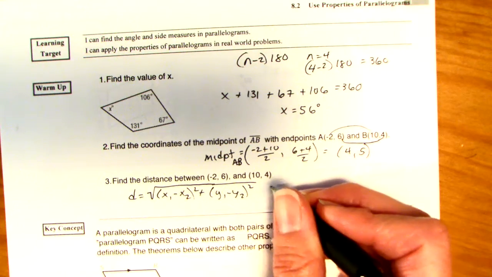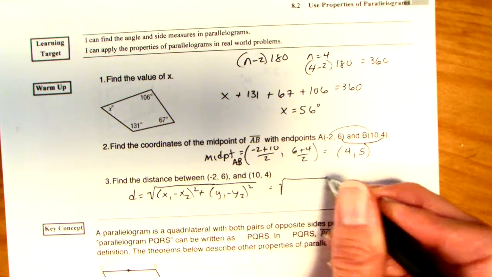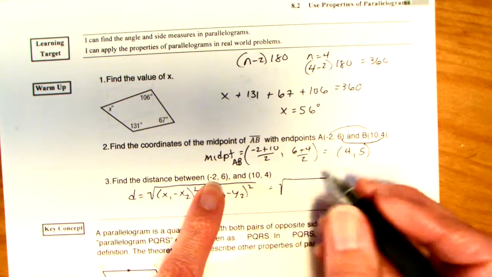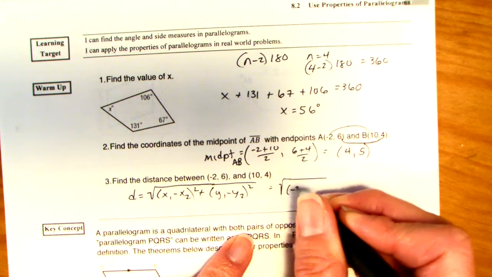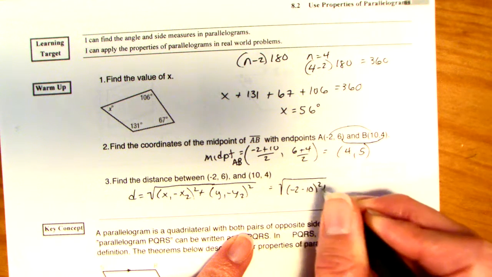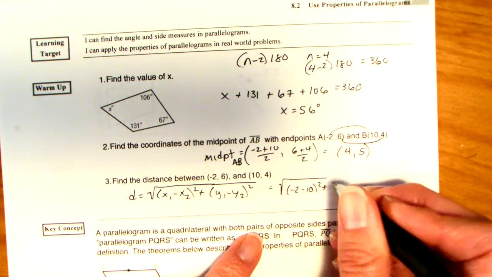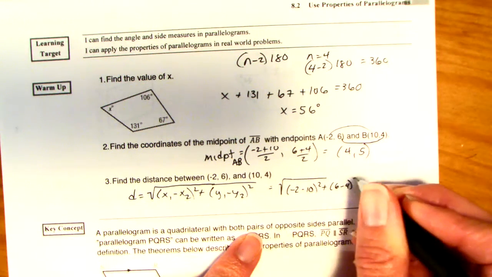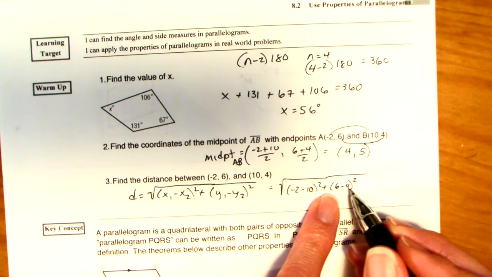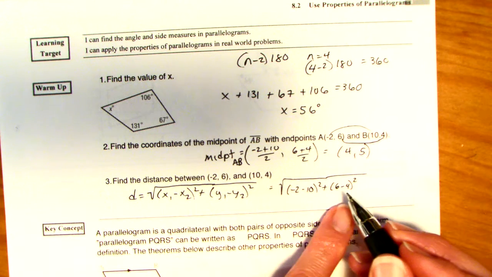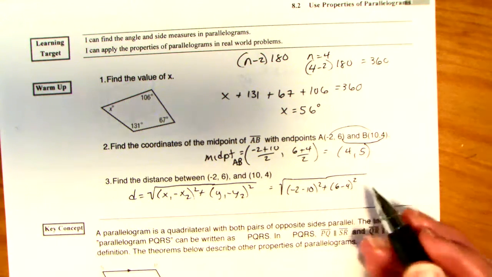So here we go. My two x's, negative 2 and 10. Add the two y's, 6 minus 4. And keep in mind, 6 minus 4 is 2. If I switched it around, I'd have 4 minus 6, that would be negative 2. So when you square it, you still get the same value.